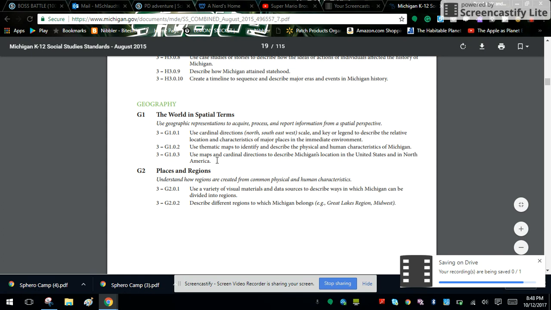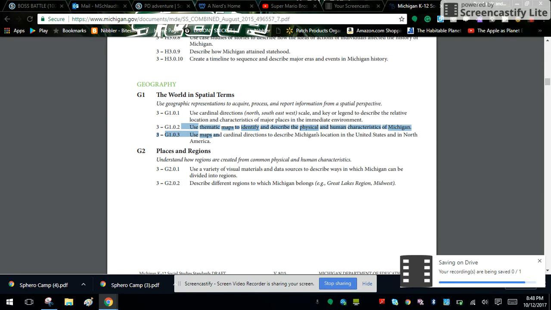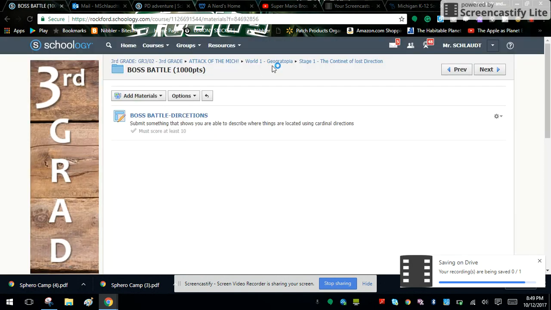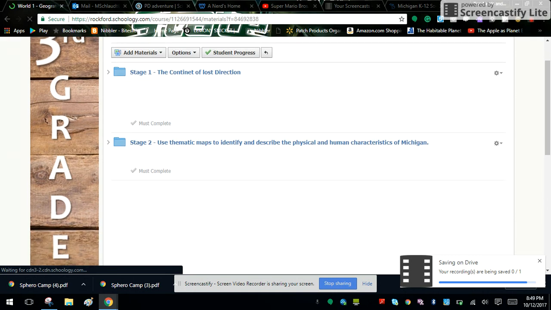Now, when it came to the next few standards, I was able to wrap a few of them together. And as you look at your standards, you may find that as well. So when we look at stage 2 in Geography, I actually have a few different standards in it.